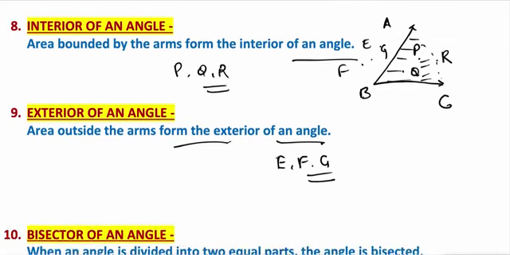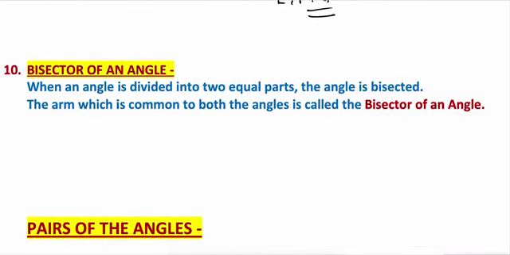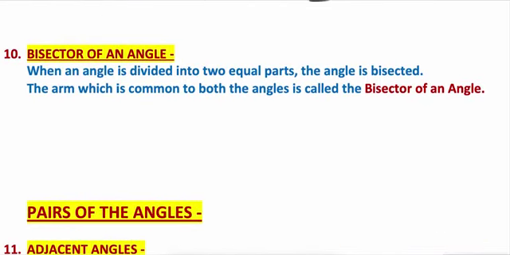Now let's see the bisector of an angle. When an angle is divided into two equal parts, the angle is bisected.